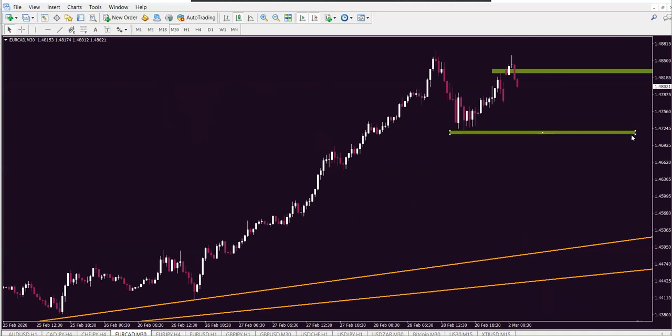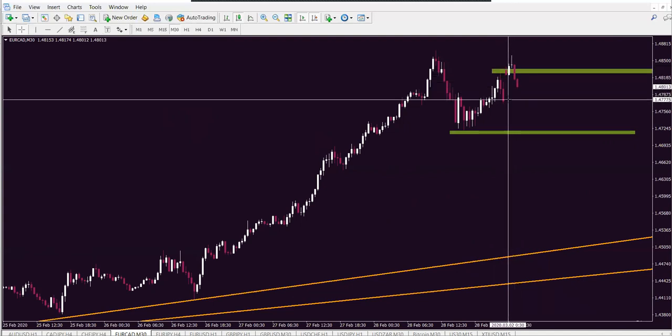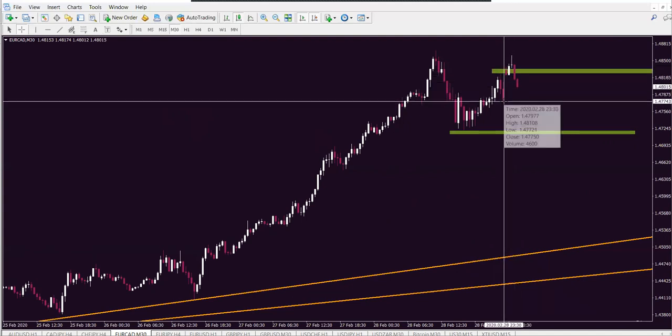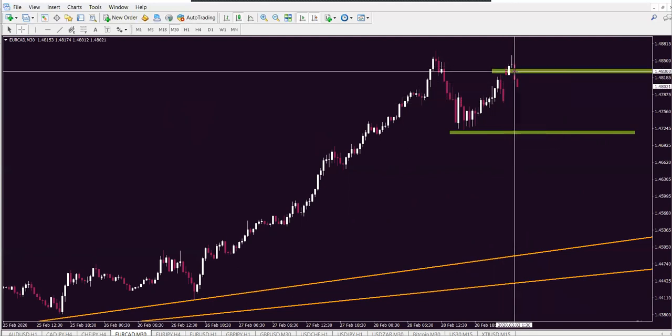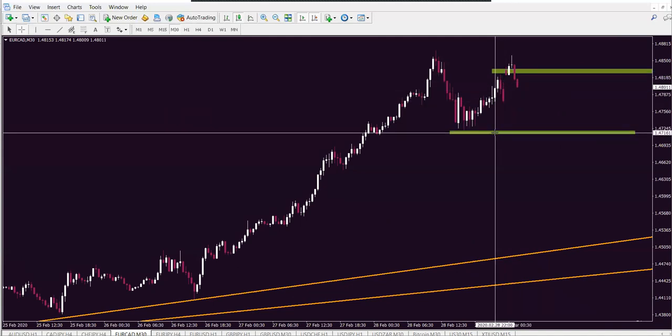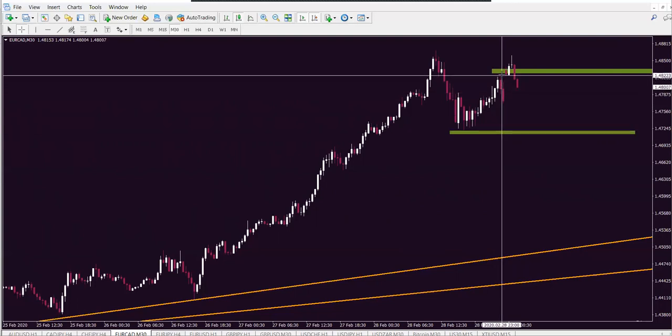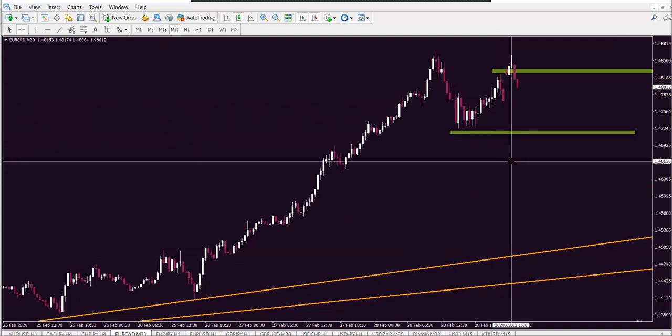What I was looking for: this is the last candle before the market open, and these 5 candles are new. I was saying if I get a strong break of this low and price didn't break above this point, I would sell.